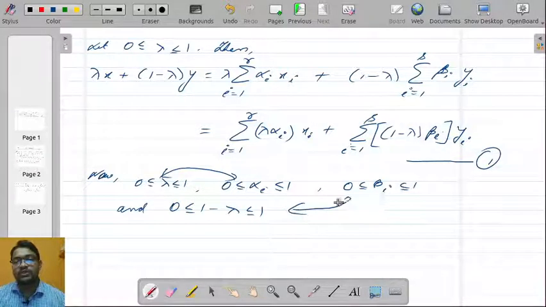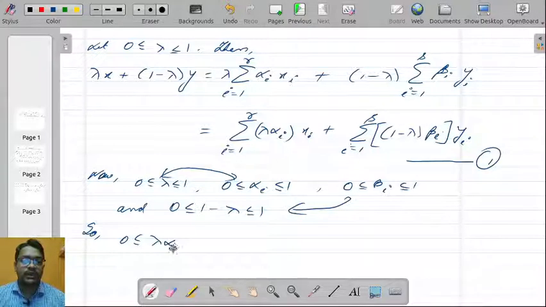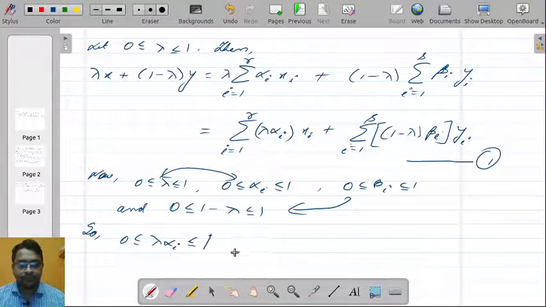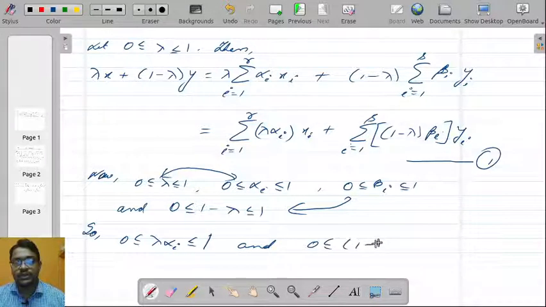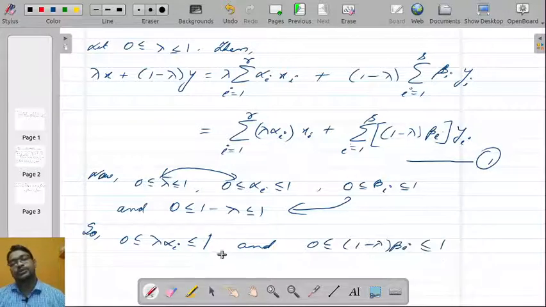If I multiply this too, then also it will lie between 0 and 1. So, 0 less than or equal to lambda alpha i less than or equal to 1, and 0 less than or equal to 1 minus lambda into beta i less than or equal to 1. So, I have shown that the scalars are lying between 0 and 1.